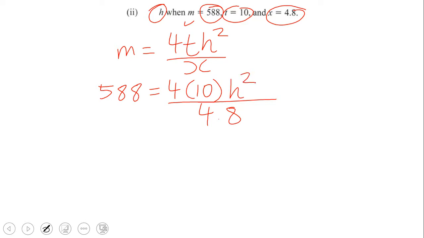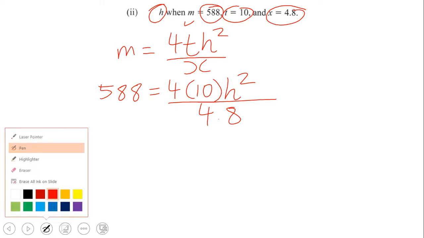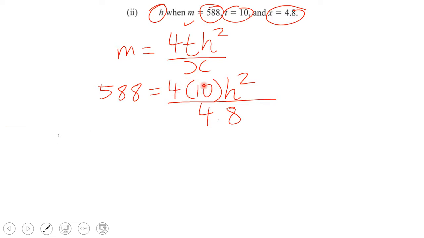We don't want to write that too far off because it's still multiplication. We want to keep it close to imply multiplication. Although I put the 10 in brackets, that still means multiplication. You could also use the multiplication sign if you do not want to use the bracket symbol.